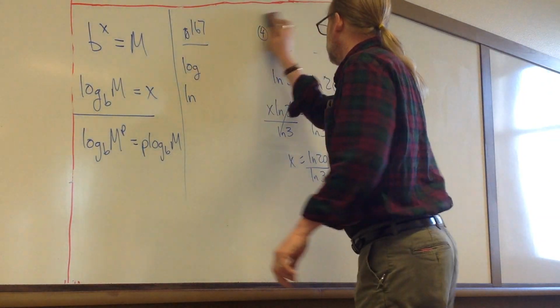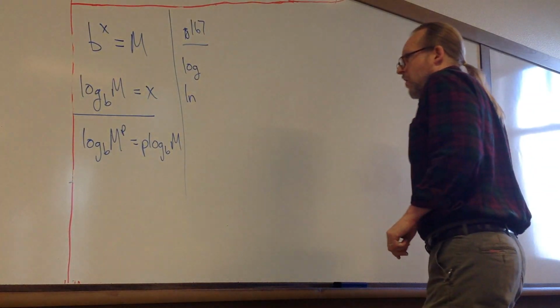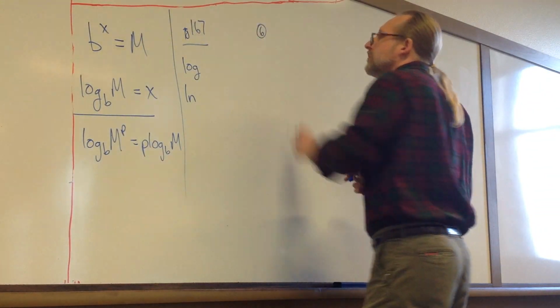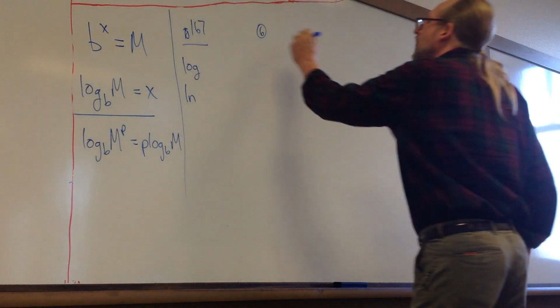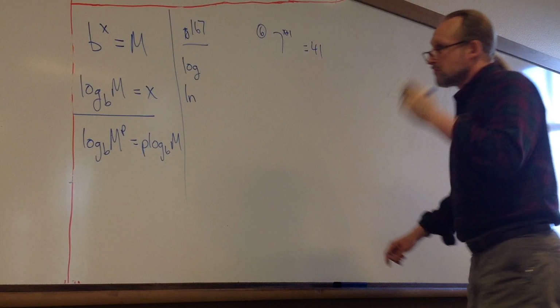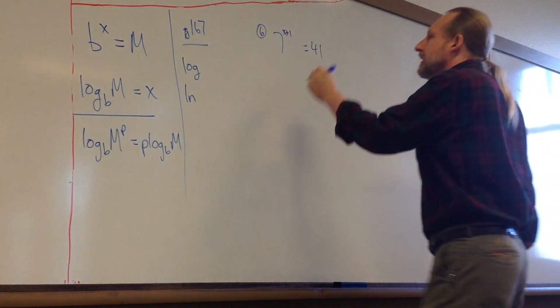That's a little bit different. All right, so problem 6 says 7 to the x plus 1 equals 41. Okay. Let's see. I think I'll use log base 10 here.